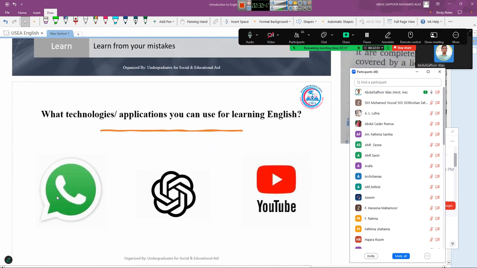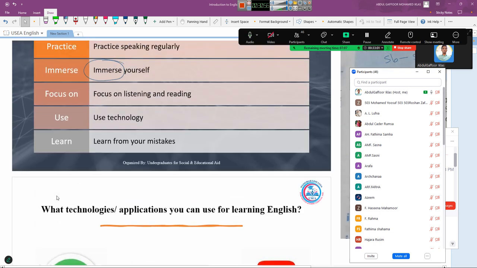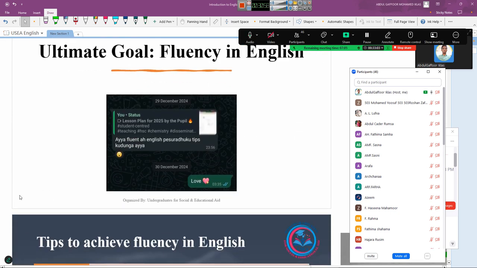Now what technologies can we use? Most of the time the popularly used application is WhatsApp. Now I just sent you a screenshot, right? In this screenshot also, this person has typed in Tanglish. I don't like the language Tanglish because we are not giving respect to both English and Tamil. If you want to communicate in English, you have an English keyboard, you can type it. But if you want to communicate in Tamil, you have access to a Tamil keyboard. You can use that.